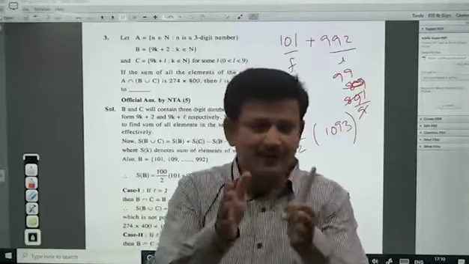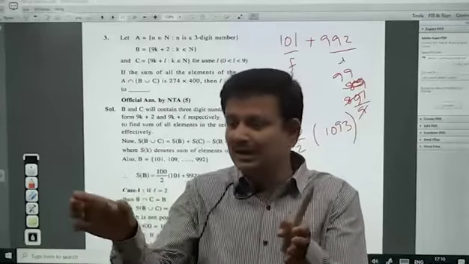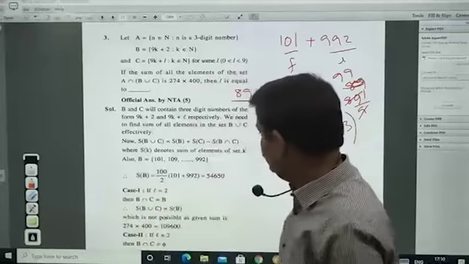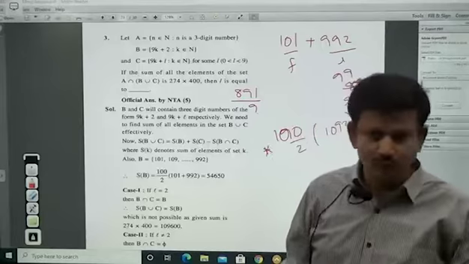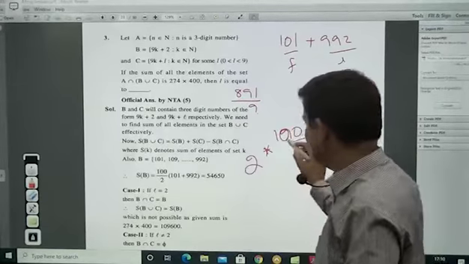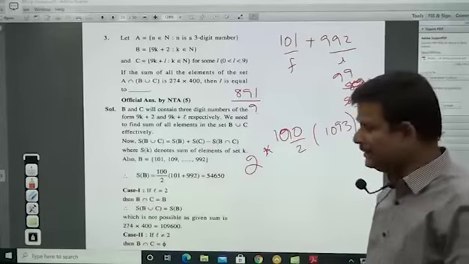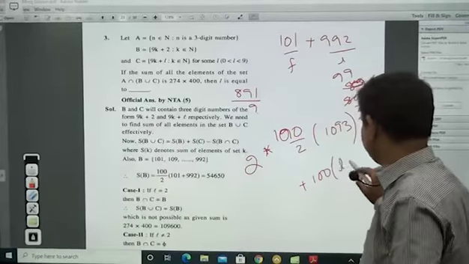I am already finding the sum for 9k plus 2. For 9k plus 5, what will be there extra? 3. How many times? 100 times. Okay? So if C is there other than 2, then what will the sum be? 2 times of this plus 100 times L minus 2.